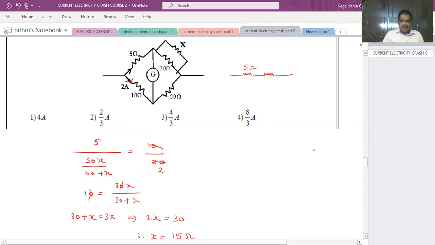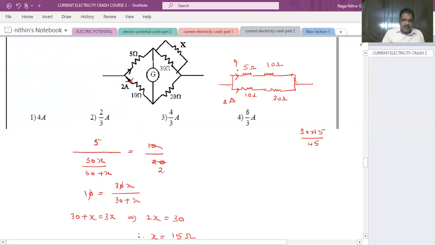So how much will be the effective resistance? 30 into 15 by 45. So it will be 10 ohms. Here 10 ohms. Here 20 ohms. All circuit is like this. So in this 2 amperes current is flowing.